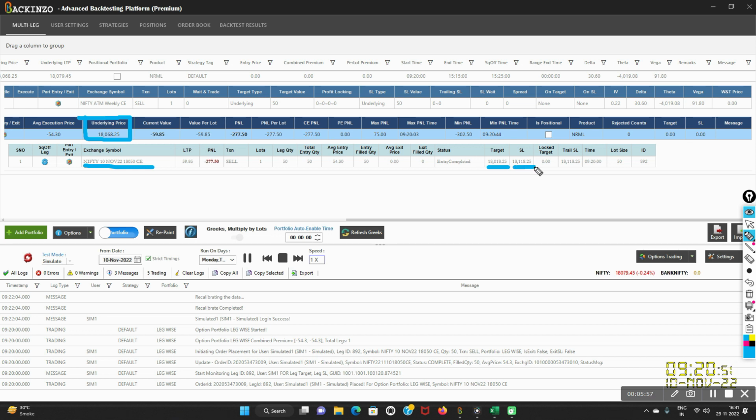So you saw that this is the beauty of Backinzo, that Backinzo logically determines whether you are long or short by assessing the leg buy and sell. So this was the case when you want to set target and stop loss on the basis of an underlying, but leg wise. Now we'll see case 2.